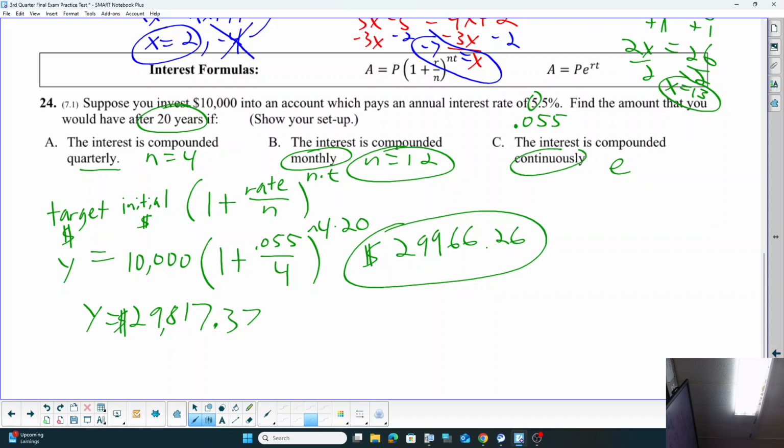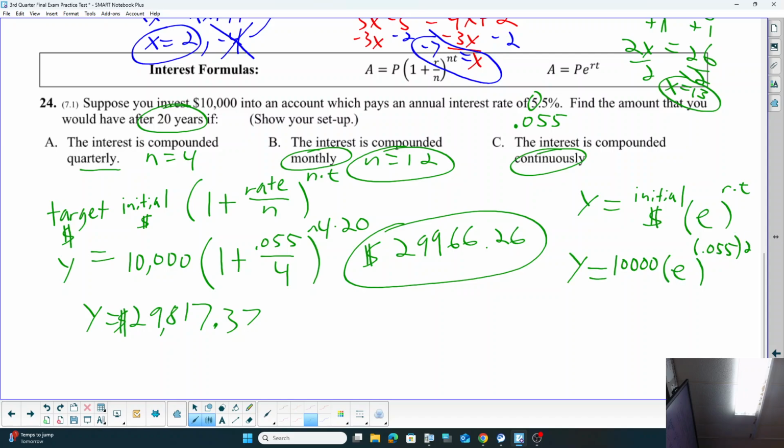What about continuously? What if you compound like 1,000 times? So continuously would be y equals the same thing, your initial money. This time we're going to do e to the rate times the time. And that should be even more, just slightly more. So again, that's $10,000 times e to the 0.055 times the 20 years.